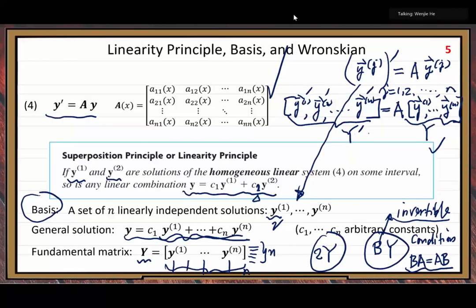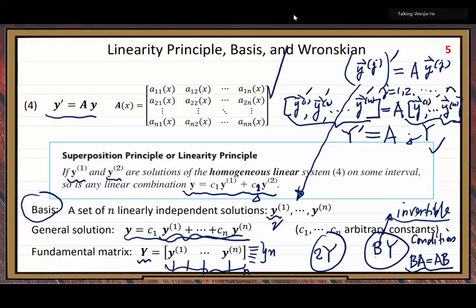Will you get capital Y prime equals capital A times capital Y? Yes, so you get that equation. It's matrix multiplication: capital Y prime equals capital A matrix times the fundamental Y matrix. All right.